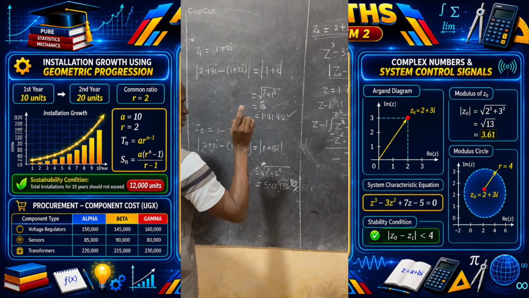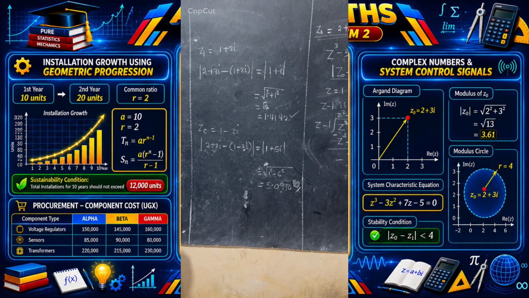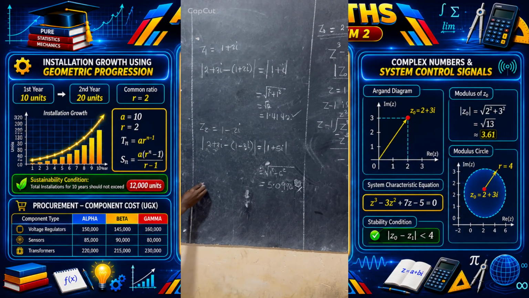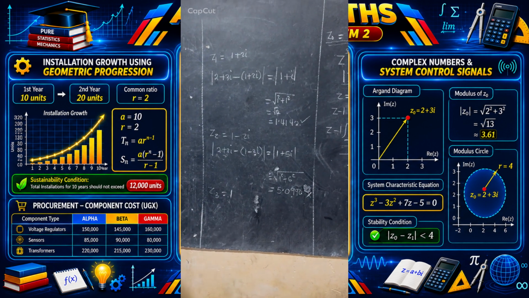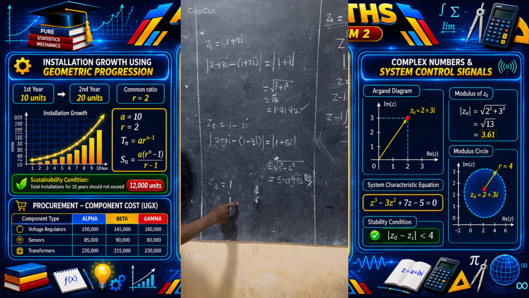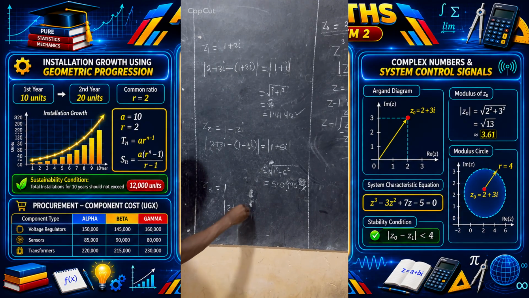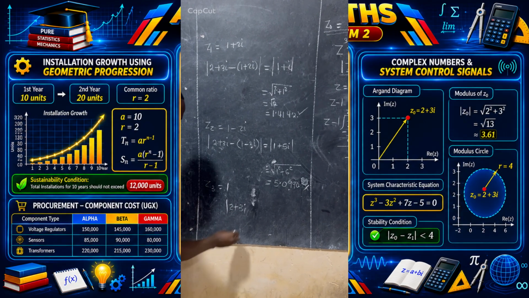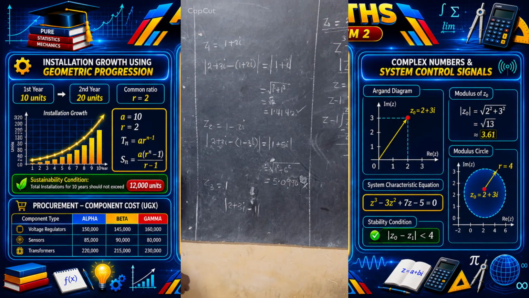They said it will only be possible if all of them are less. This is a no. Let me test the final one, which is Z3. And Z3 we said was just 1. Still we use the magnitude of Z0 minus Z. Z0 was given as 2 plus 3i. Then I subtract off a 1. This is just having real values.